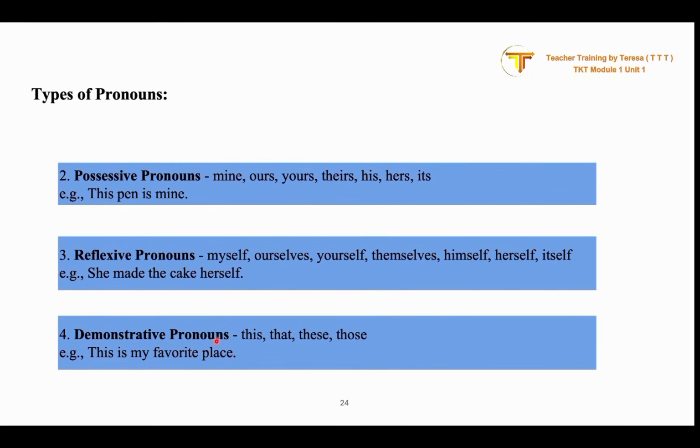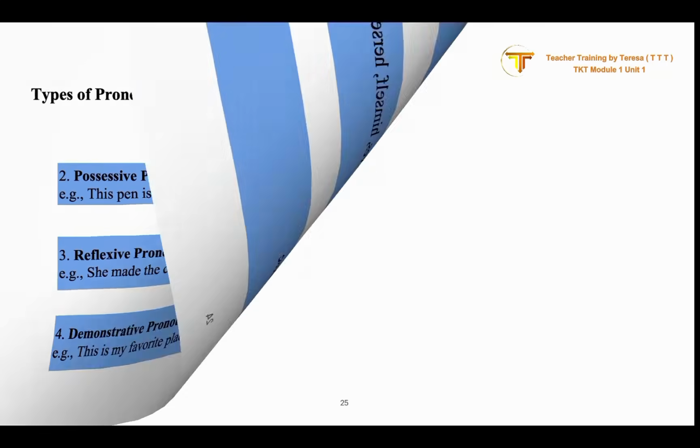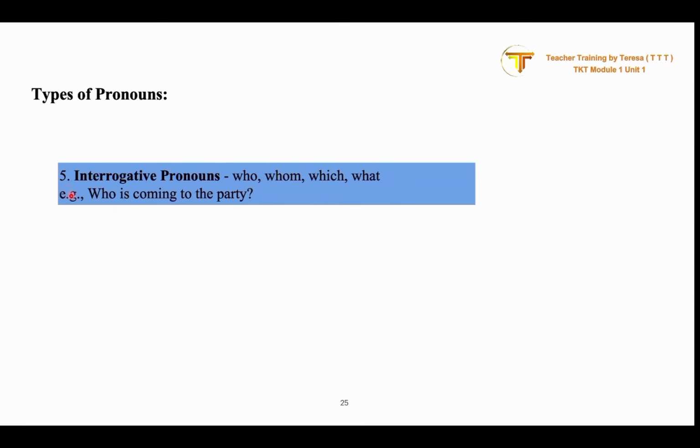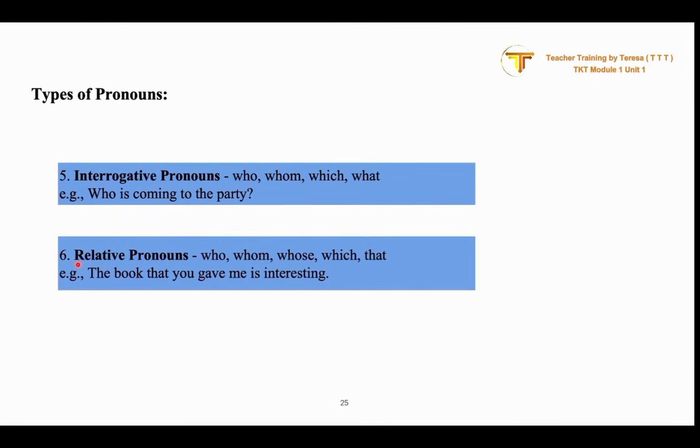4. Demonstrative pronouns: this, that, these, those. This is my favorite place. 5. Interrogative pronouns: who, whom, which, what. Who is coming to the party? 6.